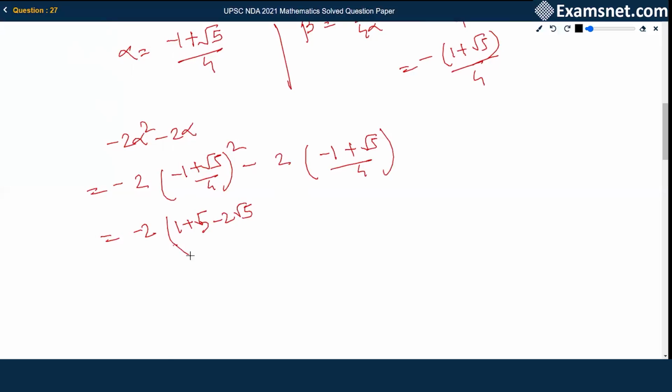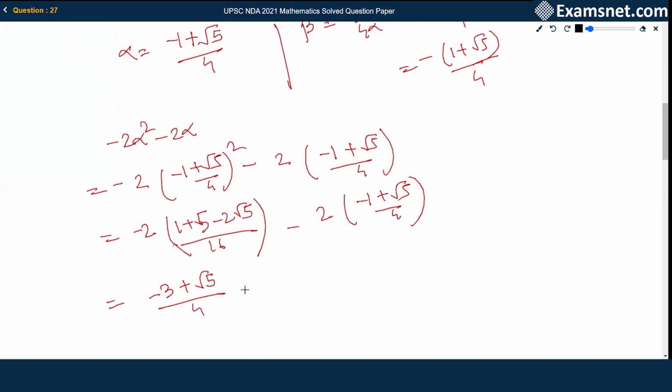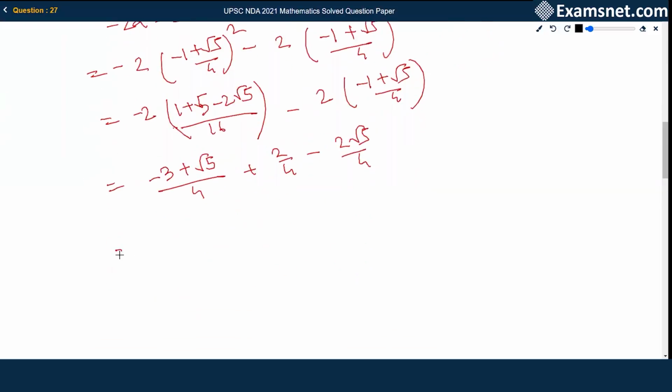After expanding it using the a minus b whole square formula, it becomes minus 3 plus root 5 by 4 plus 2 by 4 minus 2 root 5 by 4. Intentionally I have made the denominators 4, which will help with the further calculation.